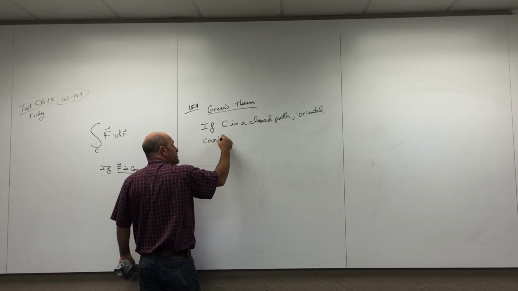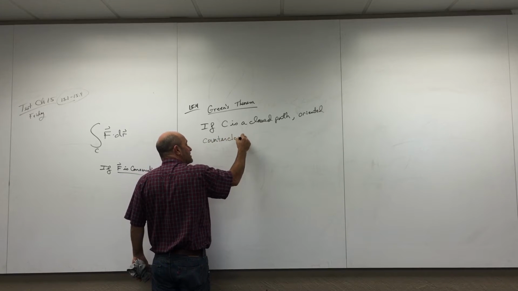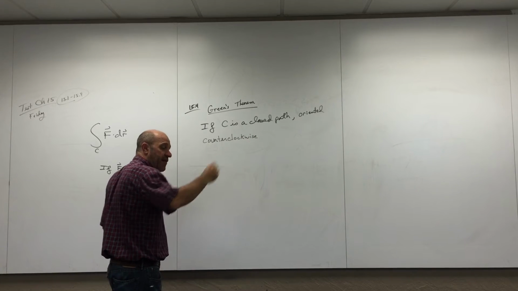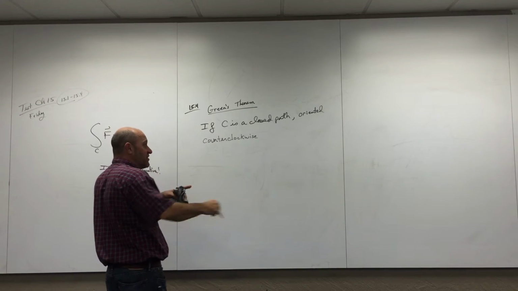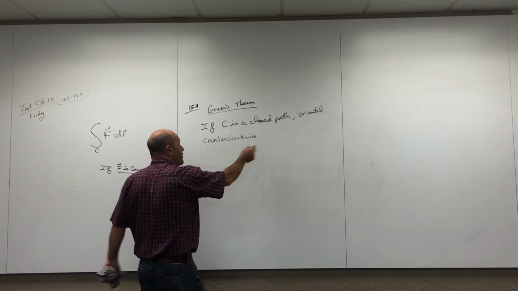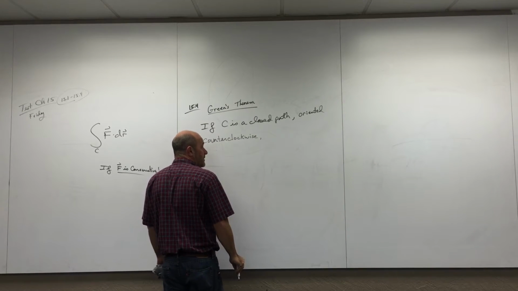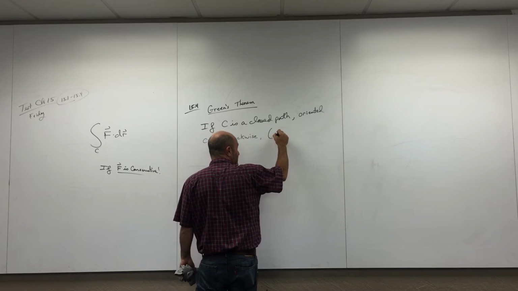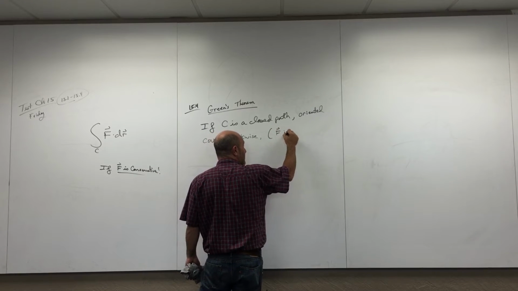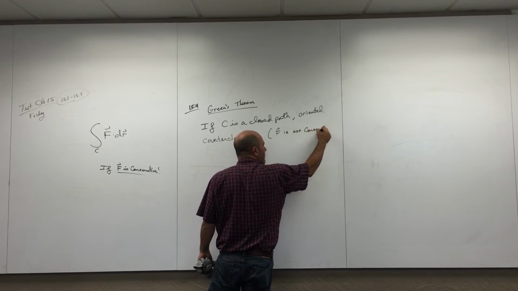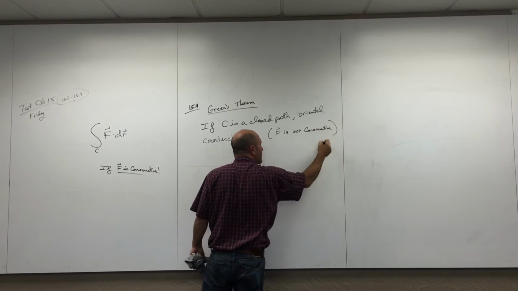So, you know, there is an orientation to these curves we've been drawing. There's an arrow and an orientation to where they start and where they end. But if it's a closed path oriented counterclockwise, then I'm just going to add the phrase, F is not conservative, because if it was, it'd be 0.